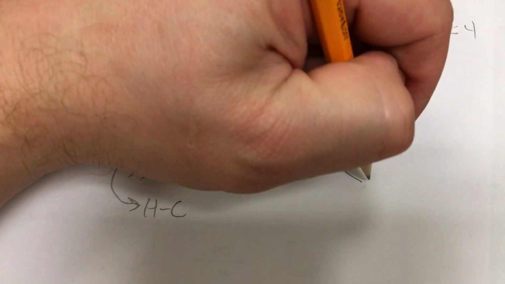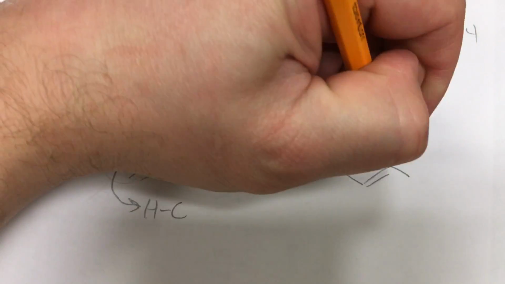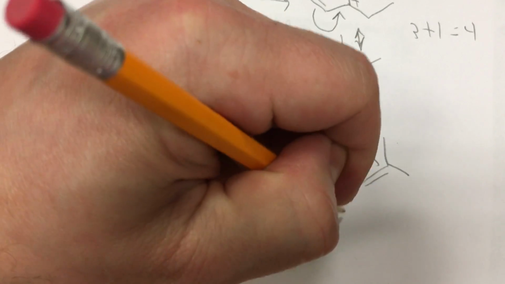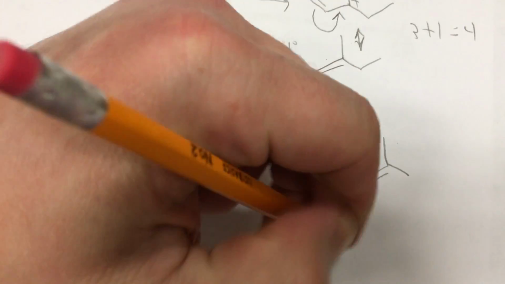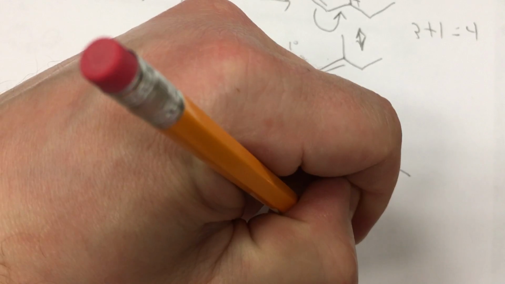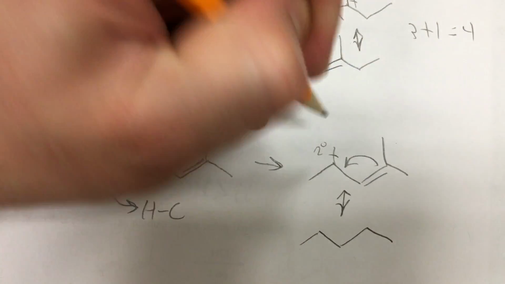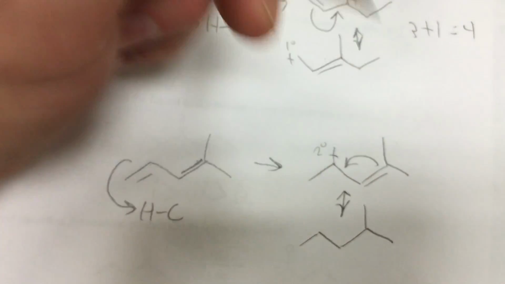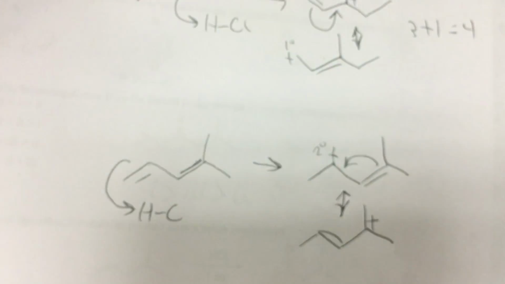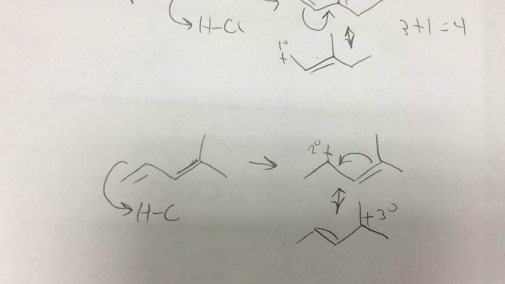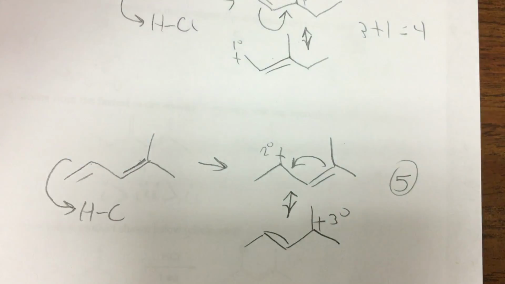Get the plus charge there, and then resonance is what leads to the tertiary carbocation. But it's actually a composite again of the tertiary and the secondary both. Here's the secondary carbon right here, and then resonance will put the tertiary right there. Tertiary carbocation. Add those up, we get 5 right here.